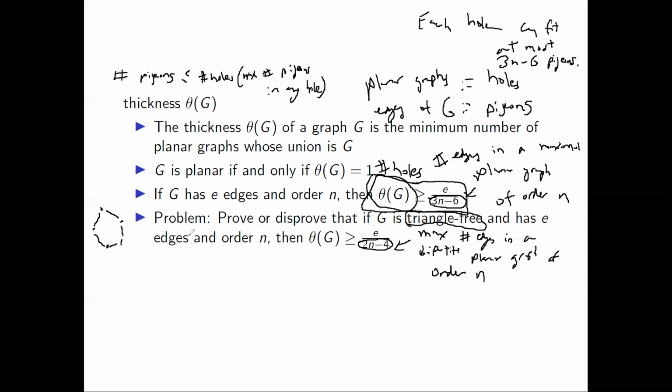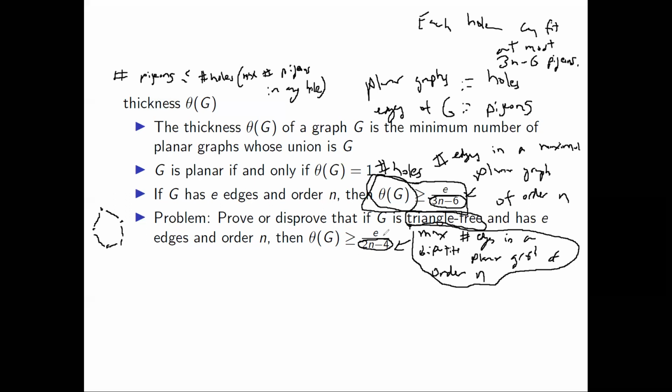The thing is, though, that when we prove this result, the maximum number of edges in a bipartite planar graph of order n, our proof did not use the fact that the graph was bipartite. The only fact that the proof used was that the graph was triangle-free.